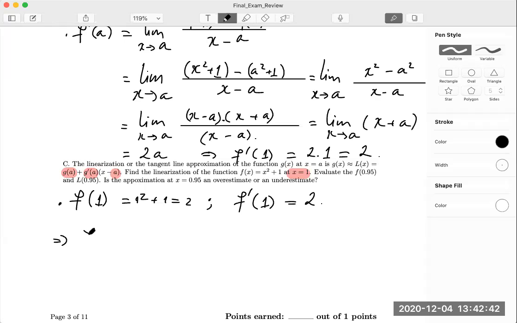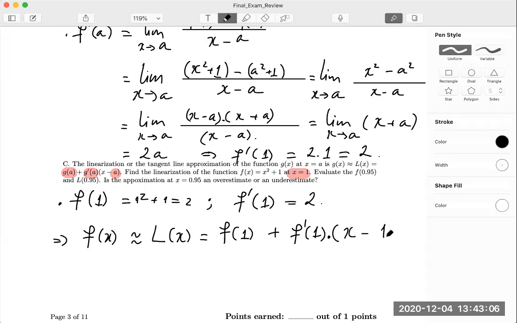Therefore, f of x is approximated by the function we call L of x. L of x in this case would be f at this point plus f prime at this point multiplied by x minus the point here. We know everything, right? So what do we have here?